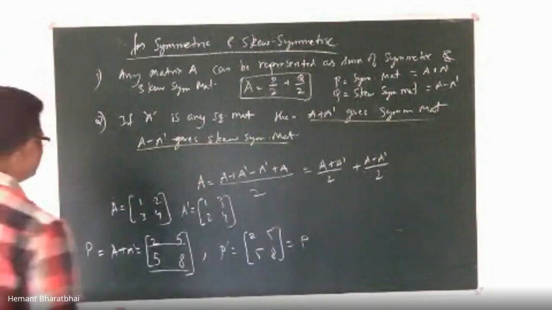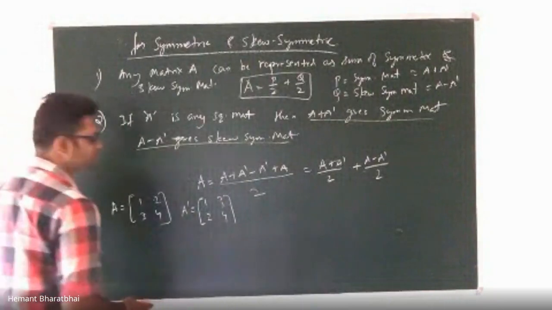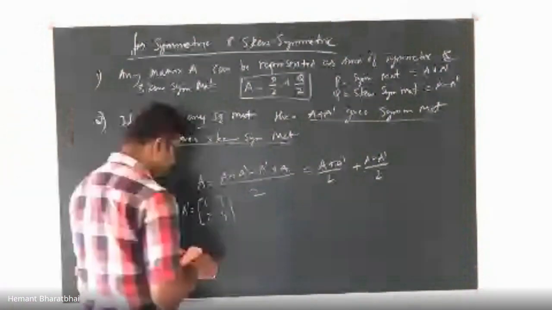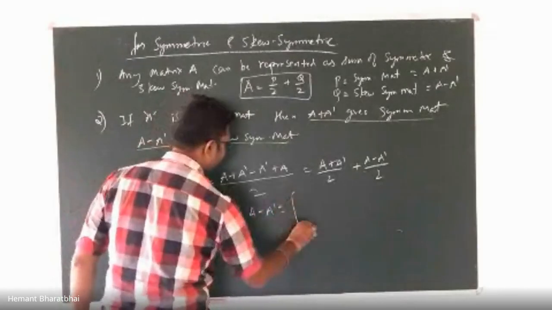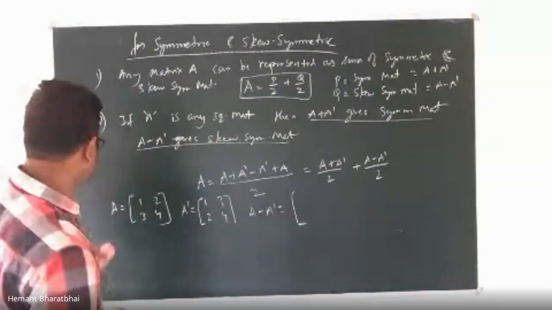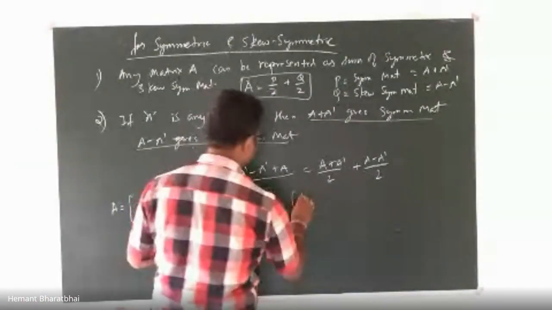So let's find out A minus A transpose also. If I write A minus A transpose, it will become 1 minus 1, that is 0, 2 minus 3, that is minus 1, 3 minus 2, that will be plus 1, 4 minus 4, that will be 0.